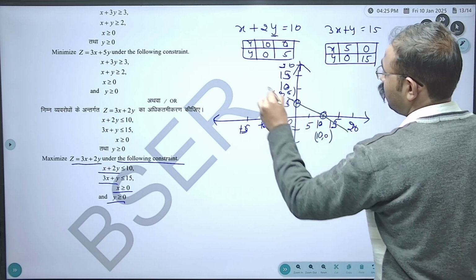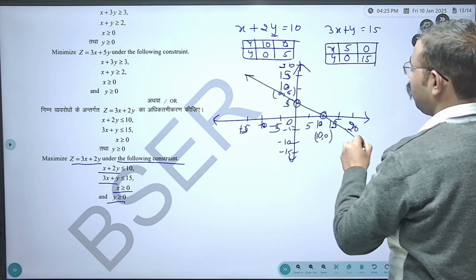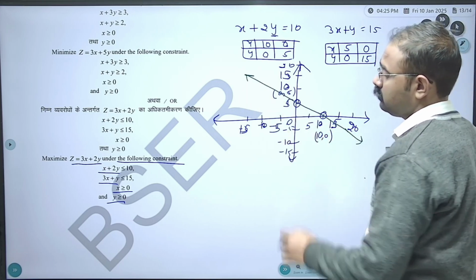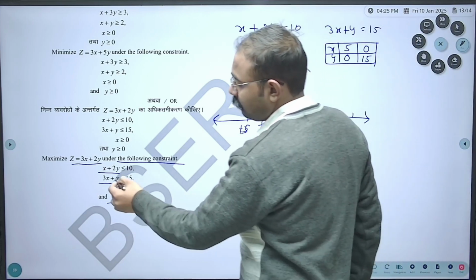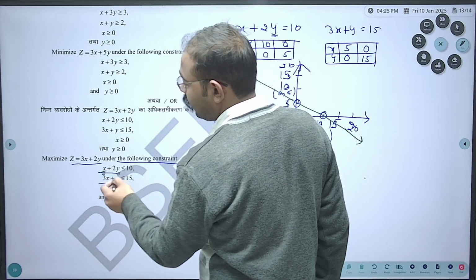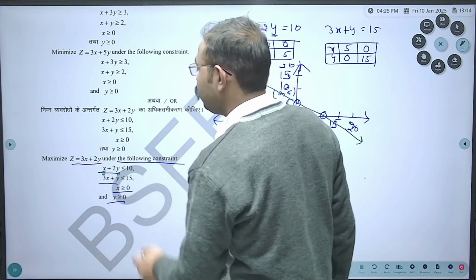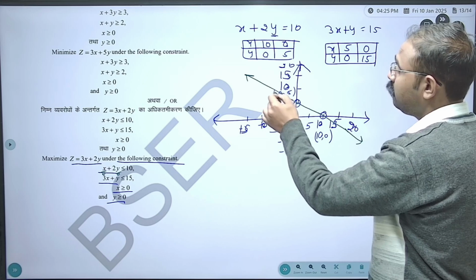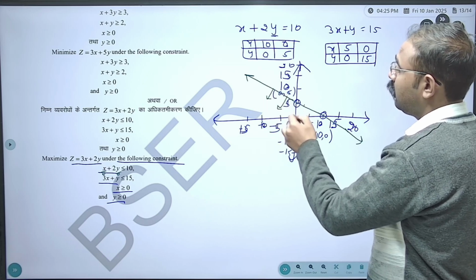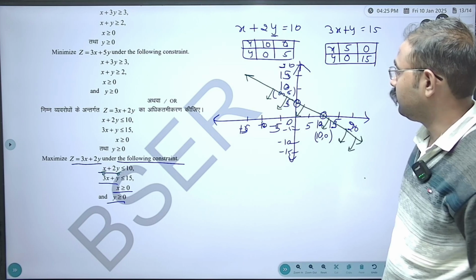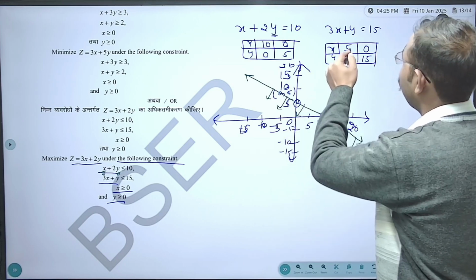By joining these both points, this will be our first line, and by putting the origin into our line, at the place of x we put 0, and at the place of y 0. 0 plus 0, 0 is less than 10, so it's correct, and our solution region will be downward to this line, on the side of the origin.